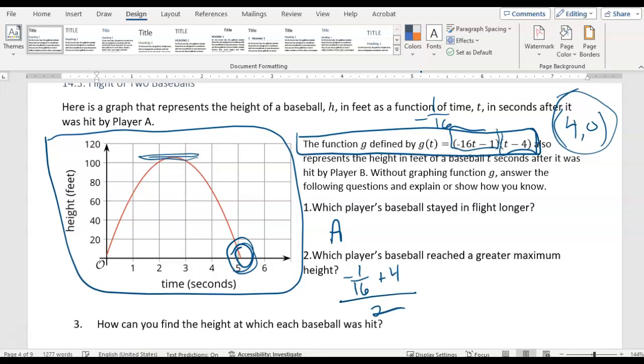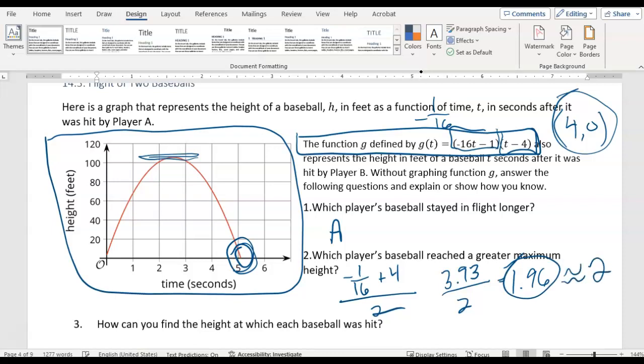But if you want to do this, you would do 1 divided by 16, which is 0.0625, plus 4, and this is negative, is 3.93, divided by 2 is going to give us about 1.96. All right, and that's very close to 2. So I'm going to estimate that this is close to 2.